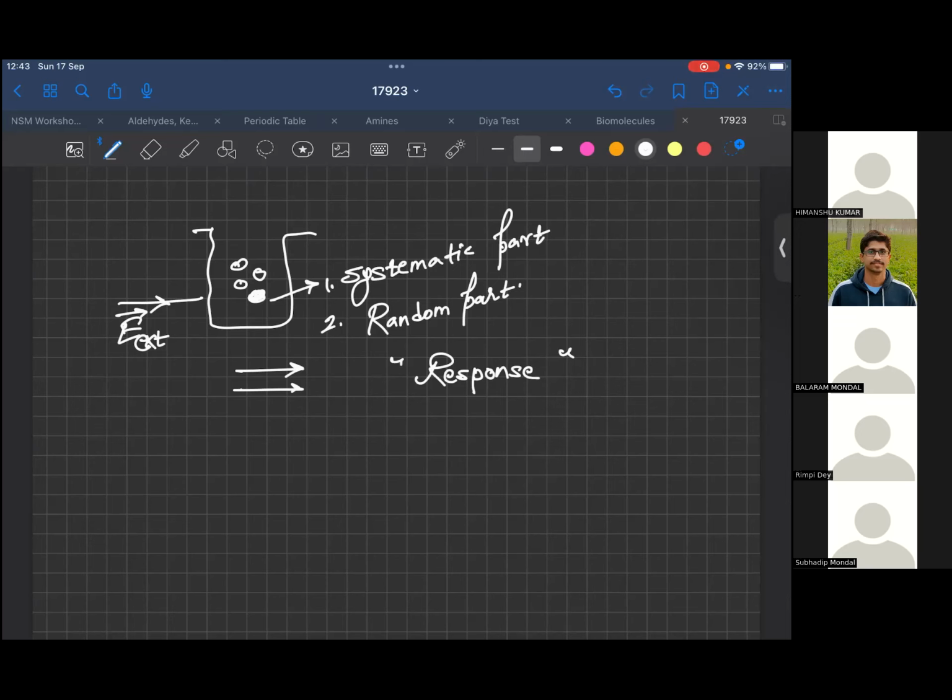Yeah. So, as I was discussing, if you're applying this external disturbance in the system, then in presence of this external disturbance, there is going to be a response. And in absence of this external disturbance, there is going to be some internal fluctuations in the system.